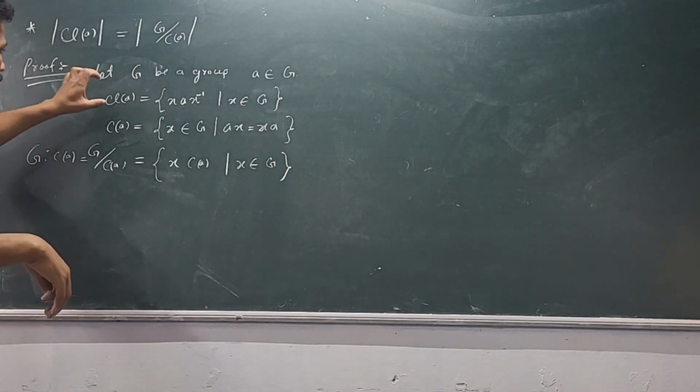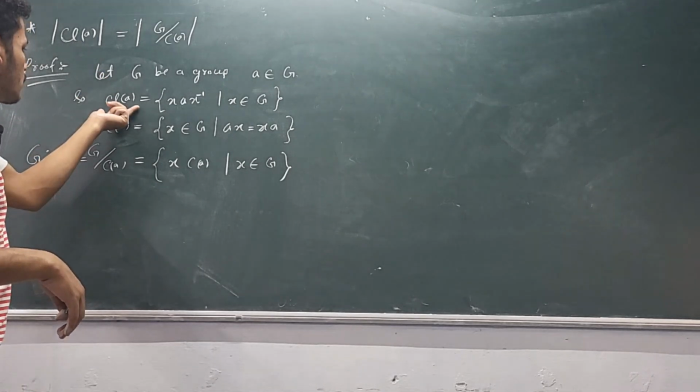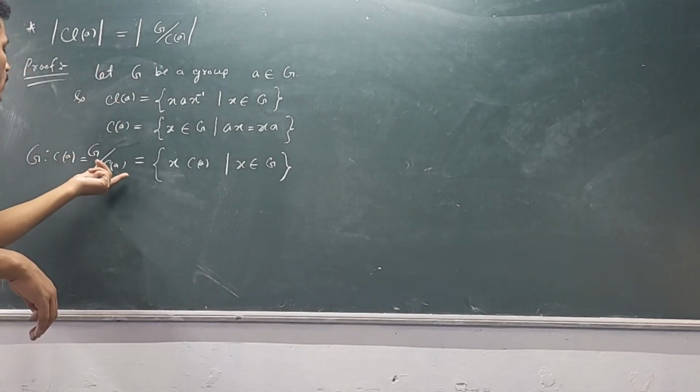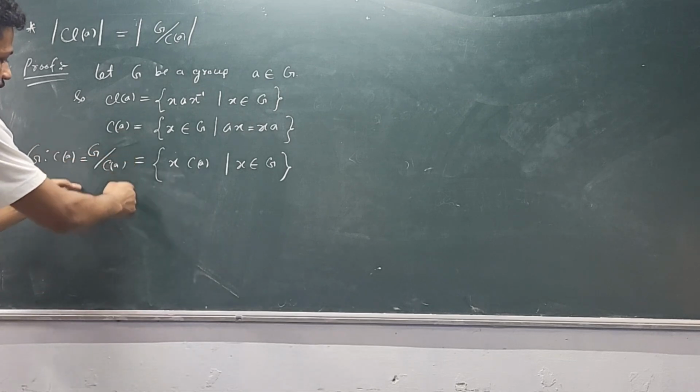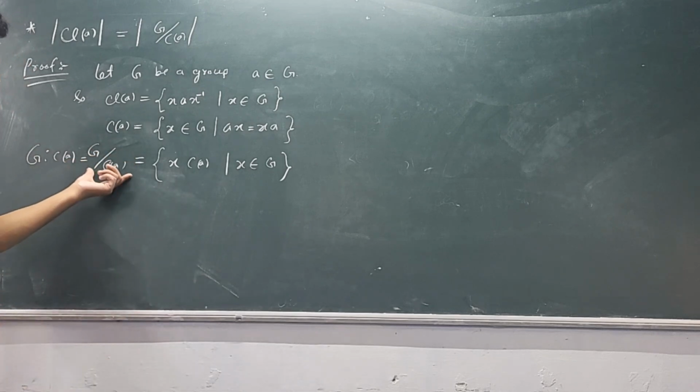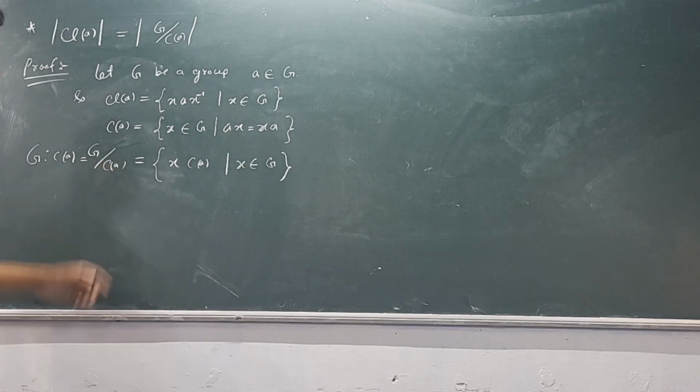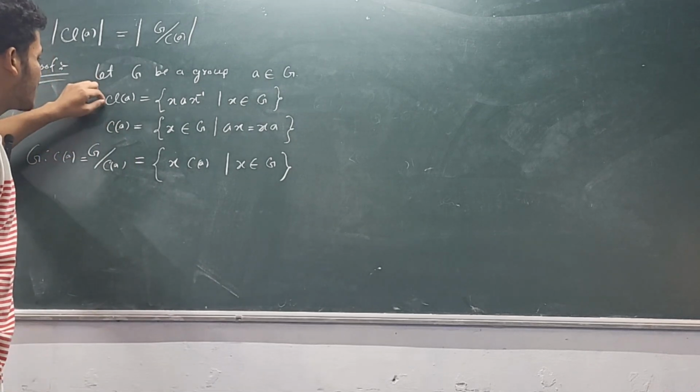Now we have to show that the number of elements in the conjugacy class of A is equal to the order of the factor group G by CA. So what do we have to do? We have to make a bijection from this set to this set.